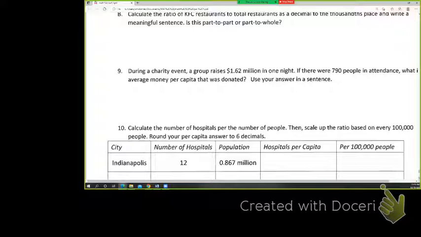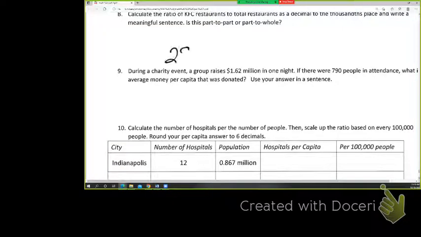So 28% of all restaurants are KFC restaurants. Now, in this case, this is simply of the restaurants listed, because there are a lot of restaurants we can think of that aren't in that list. Exactly.